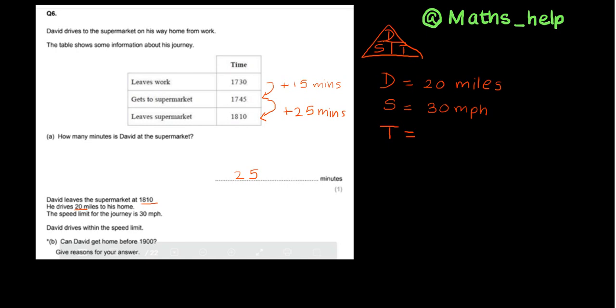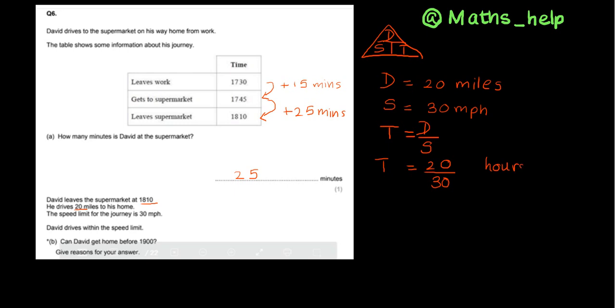So if you want to find time, you're going to cover time as distance divided by speed. So time is distance divided by speed, and the distance is 20 miles divided by 30 miles per hour. Now I've got a fraction over here, and your time will be in hours.